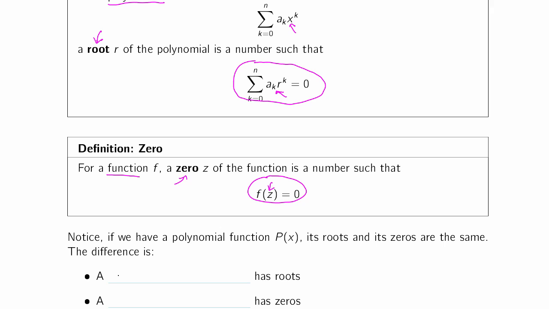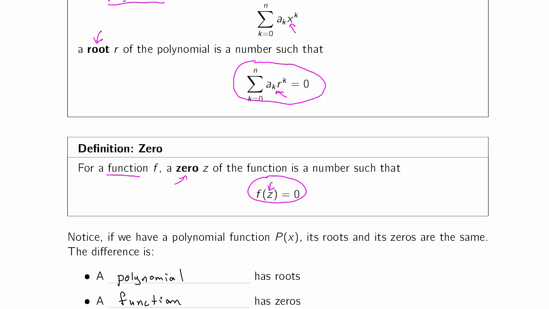But even if we don't think of it as a function, a polynomial has roots. Whereas a function might or might not be a polynomial. No matter what kind of function we have, a function has zeros.